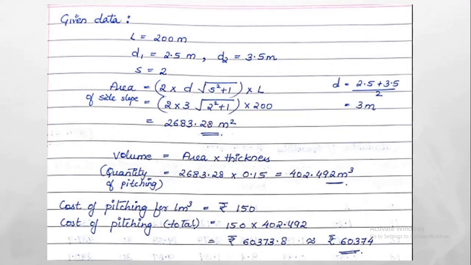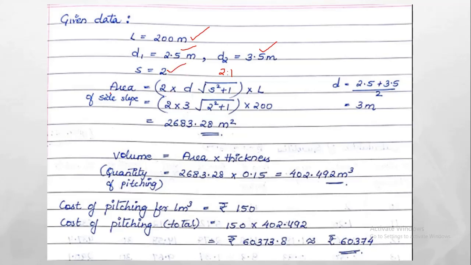In the question, some values are already given. L length is 200 meter, D1 and D2 are 2.5 meter and 3.5 respectively, and the ratio was given as 2:1, so the value of S will be 2.